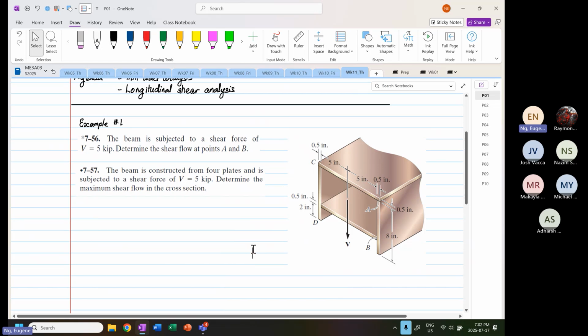Determine the shear flow at points A and B. You can see point A, and you can also see point B. The second part of the question: determine the maximum shear flow in the cross section.